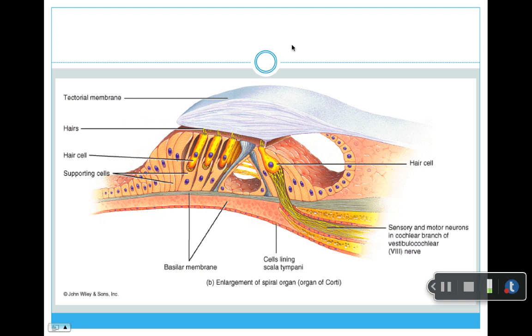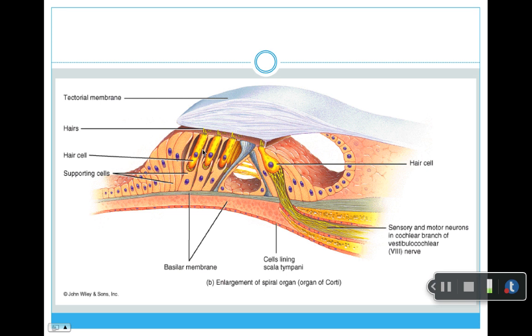All right, so you have a wave of fluid that shears the tectorial membrane and the stereocilia. The outer hair cells move up and down in response to the fluid. They amplify the sound one last time before sending a message to the inner hair cells that it's time to fire the auditory nerve.